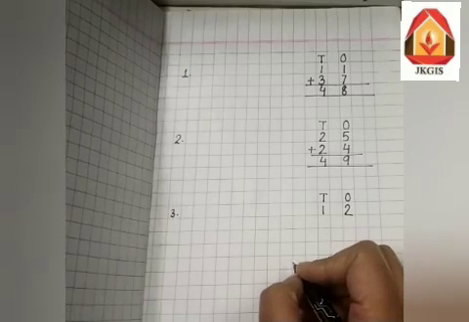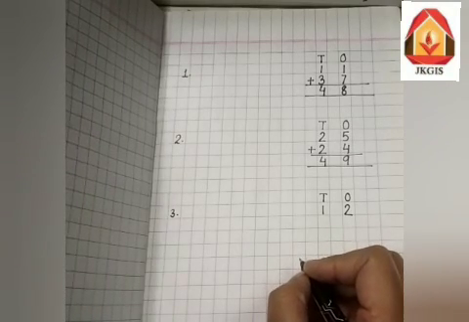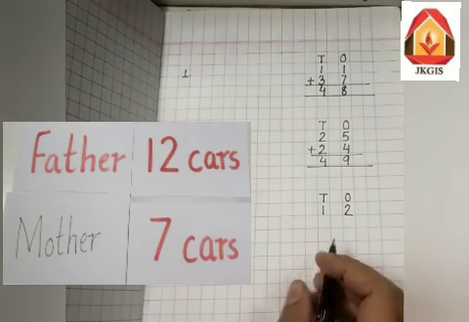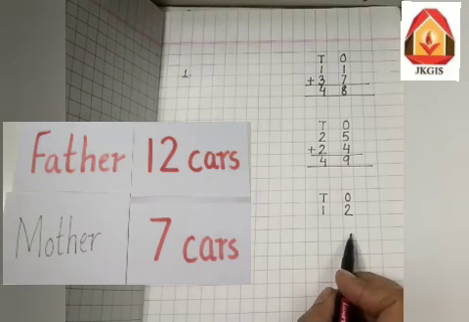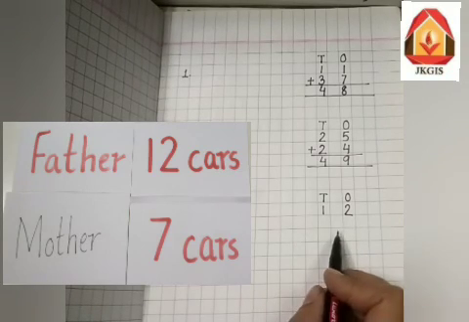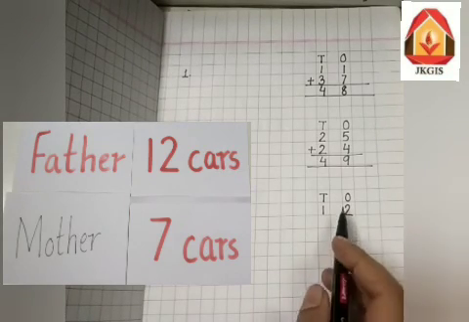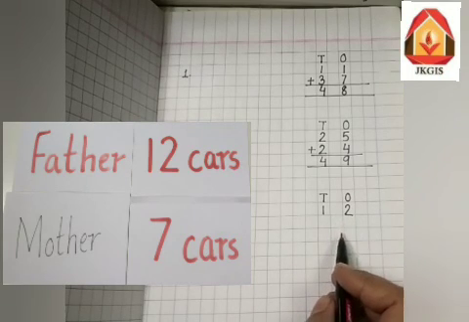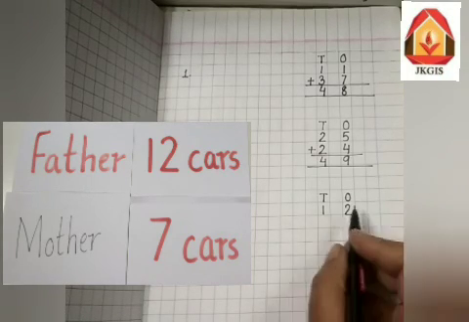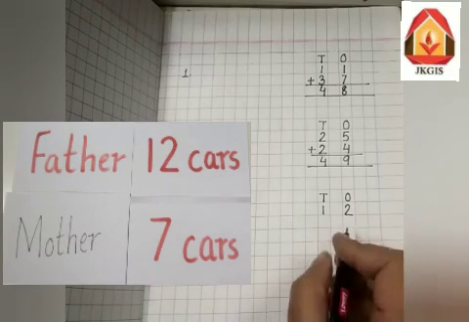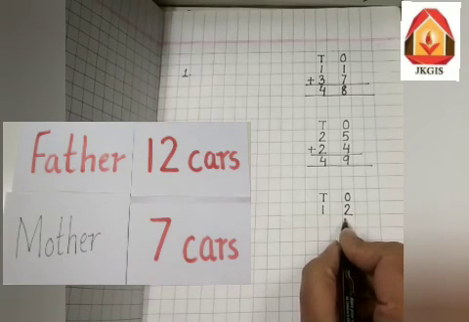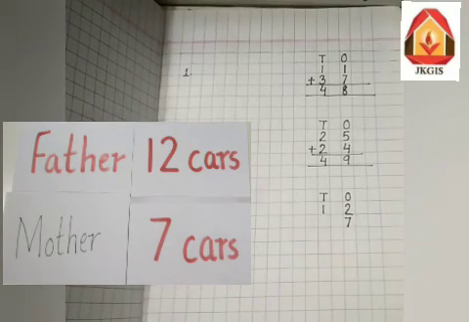And after that, my mother has 7 cars. Now where will I put 7? Here or here? We know that 7 is a single-digit number. So it is 7 ones. How will we read 7? 7 ones. So it will come below the ones place. So we will write 7 here.